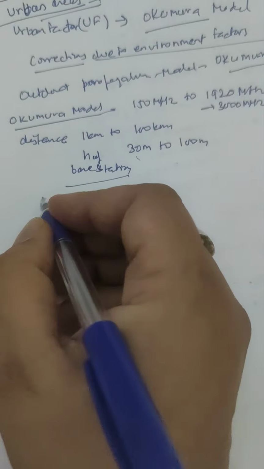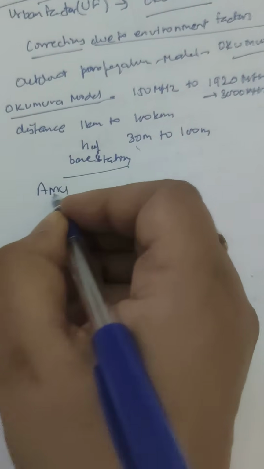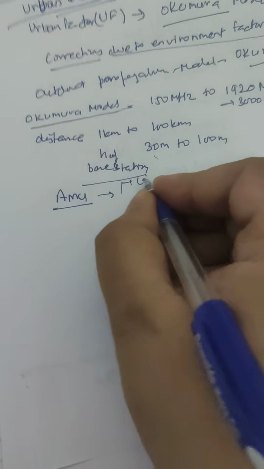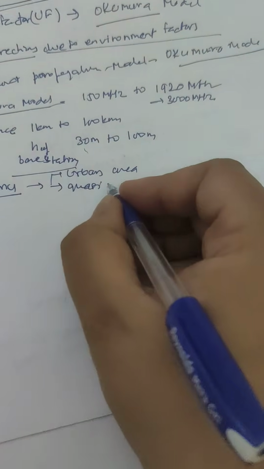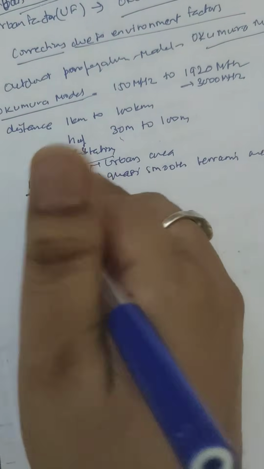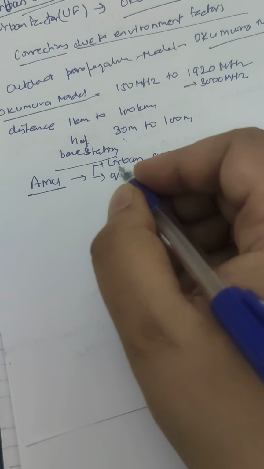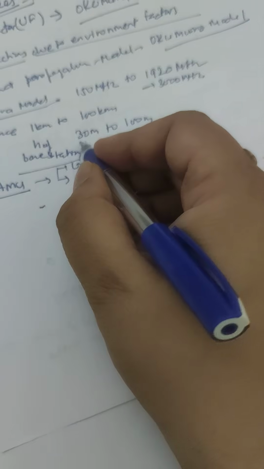And Okumura developed a set of curves giving the median attenuation relative to free space, which is given by Amu, in urban areas over a quasi-smooth terrain area, and the height of the base antenna is around 30 meters to 1000 meters.